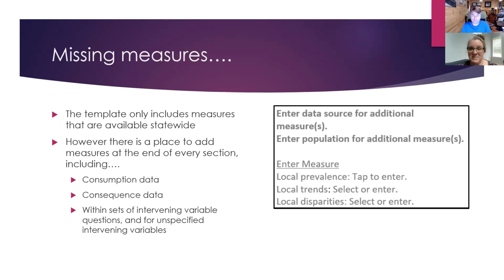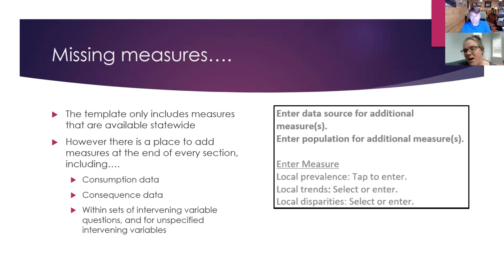So there's a place to put those things in if you have things that are really going to contribute to your assessment. And there's places where we have really strong assessment data at the state level, and there's places where it's pretty thin. For example, we do have a fair bit of data on alcohol. We have a lot of data related to opioids.